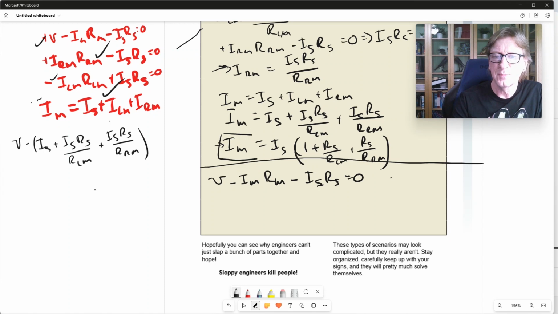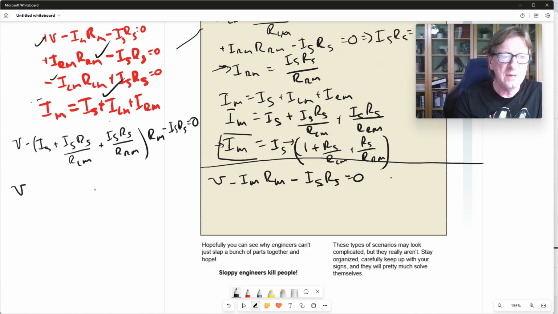You see what I've done from this part right here? I've just multiplied my IS through all of that. And all of that is then times RM, and then minus IS RS equals 0. So let's move everything that has the IS's in it to the other side.